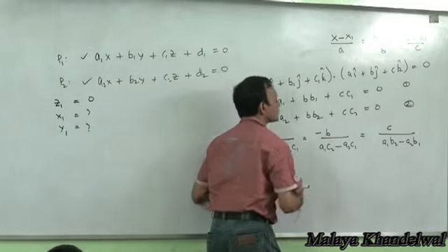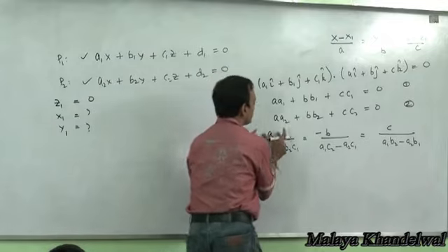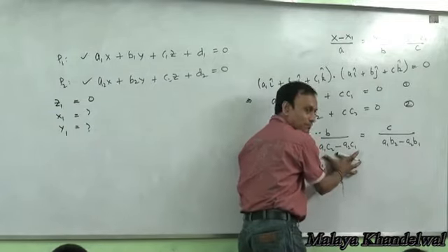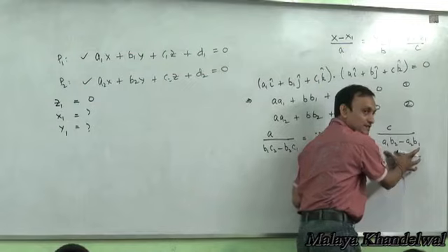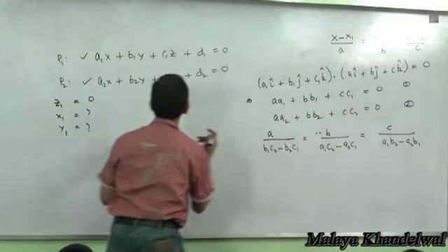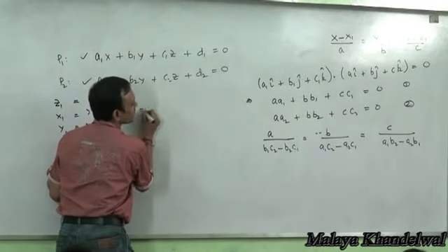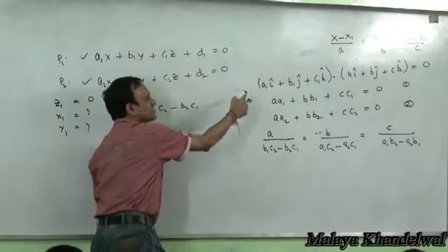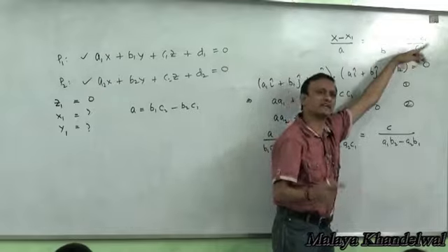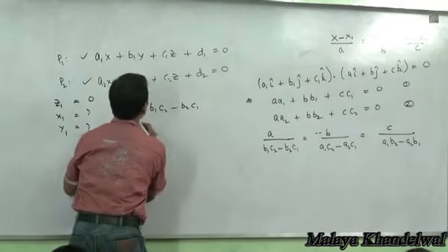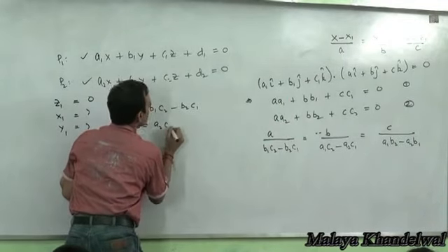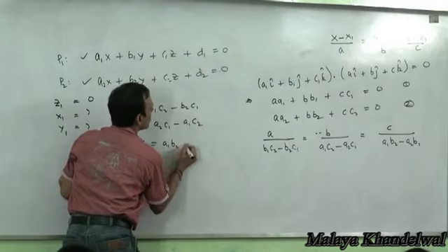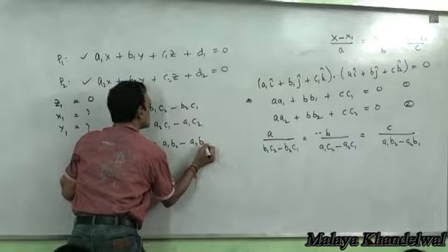So a could be selected as this number, b could be selected as minus of this number, and c could be selected as this number. So you could choose the direction ratios as a chosen as b1c2 minus b2c1, or k times this. The k anyways would get cancelled, so it's alright. And similarly, b chosen as a2c1 minus a1c2 and c chosen as a1b2 minus a2b1 or its multiple.